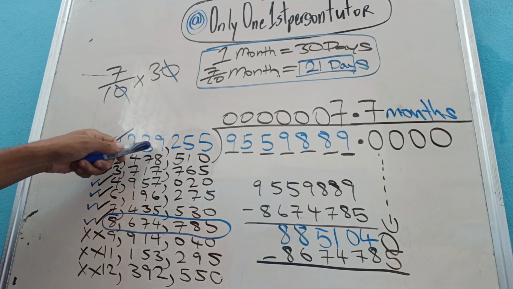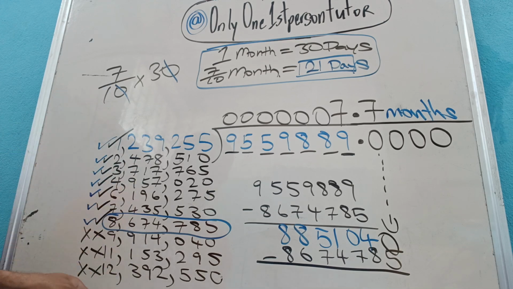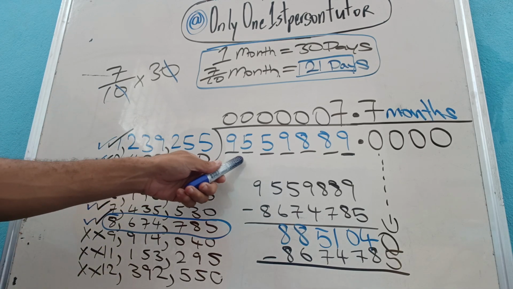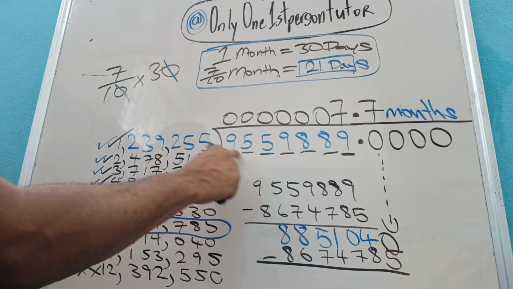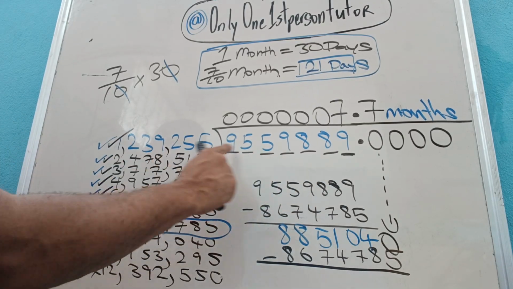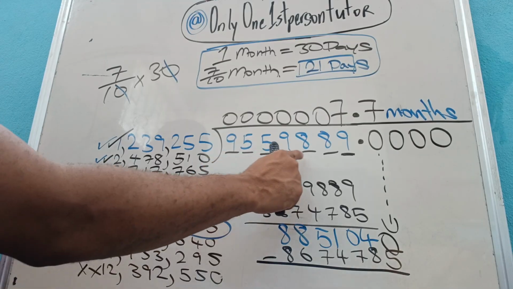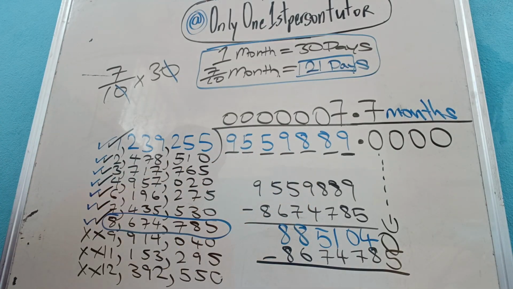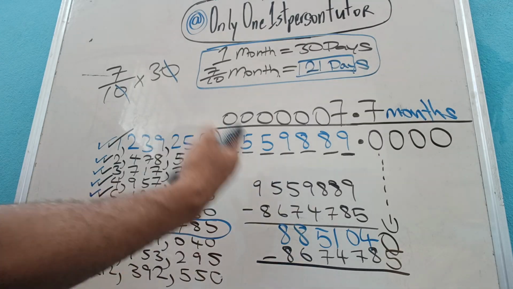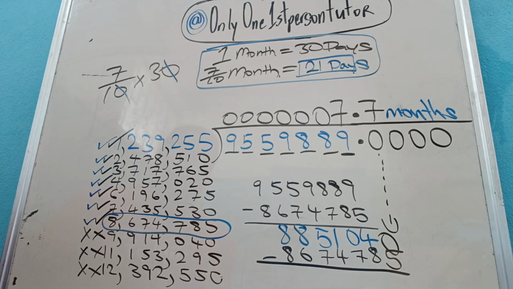When you make a timetable for your divisor, you're using repeated addition. That's the first thing. And then we're counting, 9 smaller than that, 95, 955, 9,559, then 95,598. So we're using place value as well. There's a lot going on. When you think about it, a lot is actually happening.